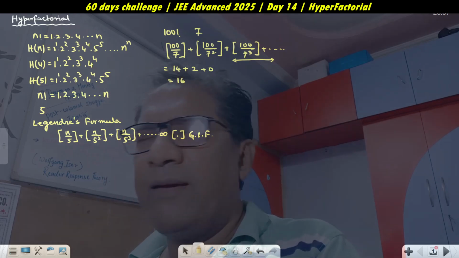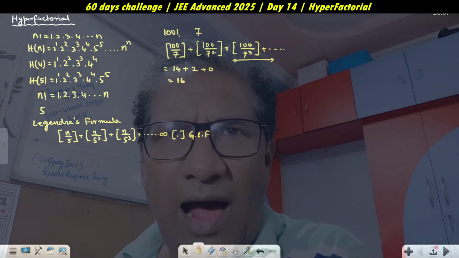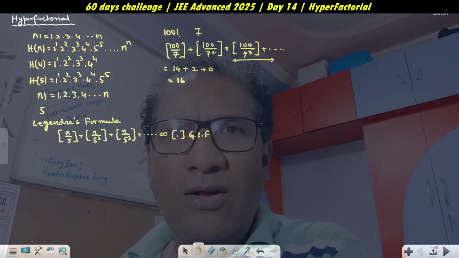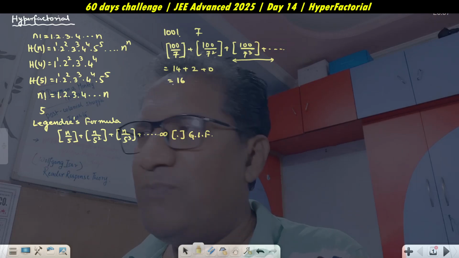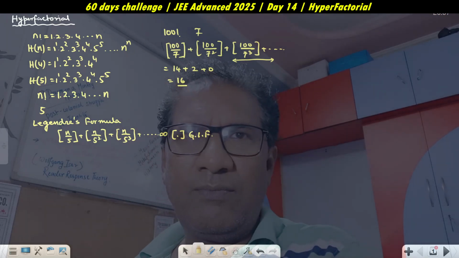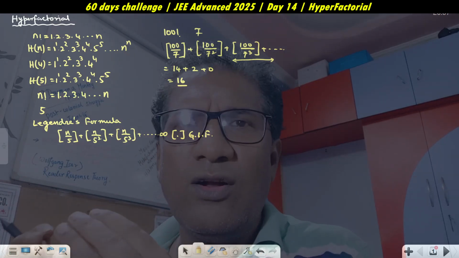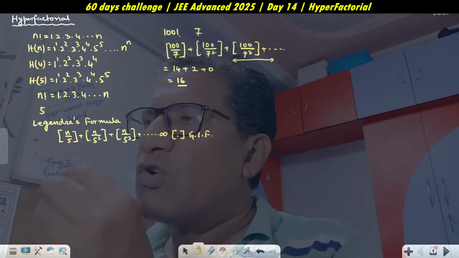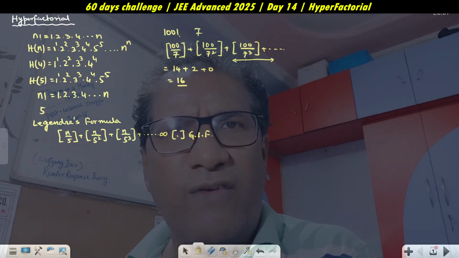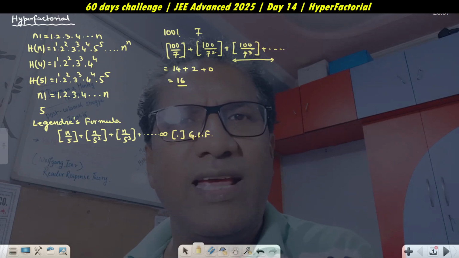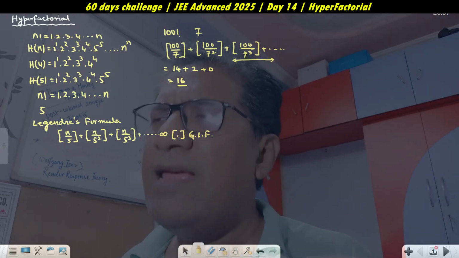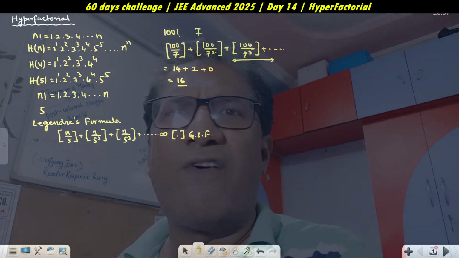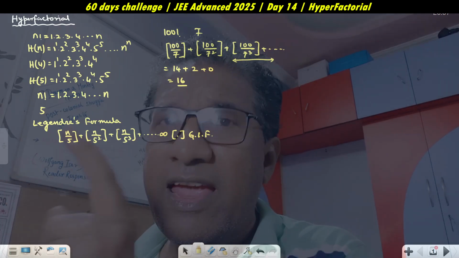Therefore, we are having 16 as our answer. Therefore, the exponent of 7 in factorial 100 is 16. This is what is called your Legendre's formula to find out the exponent of any prime in factorial n. This we all know. If you don't know, again I am mentioning, please do remember this formula to find out the exponent of any prime in factorial n.